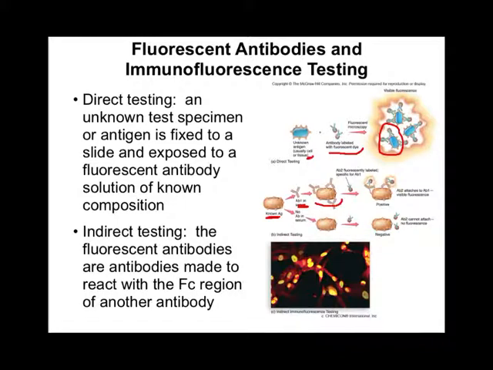Then fluorescent antibody is added, and those fluorescent antibodies stick themselves to the bottom of the Y, and they glow. If there's no antibody in the serum, the fluorescent antibodies cannot bind to the cell, and thus there's no fluorescence shown. This image below shows a great image of that fluorescence microscopy.